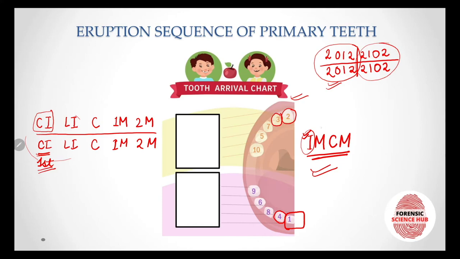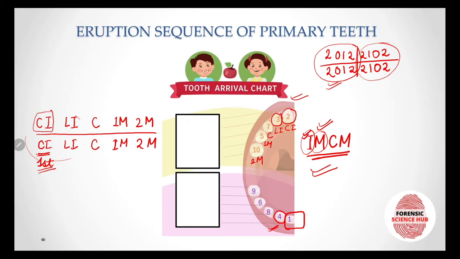Then in this formula we have M, that is the molar is going to erupt. Which molar? The first molar. Here we have, this is central incisors, this is lateral incisors, this is canine, this is first molar, this is second molar. So after the eruption of lateral incisors in the lower jaw, the next tooth is molar. And which molar?